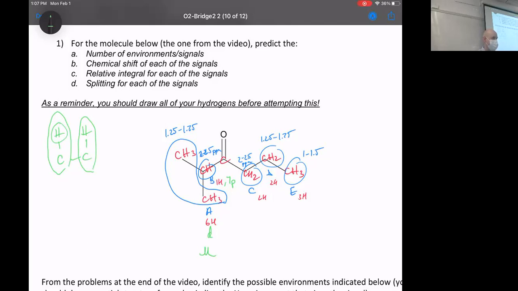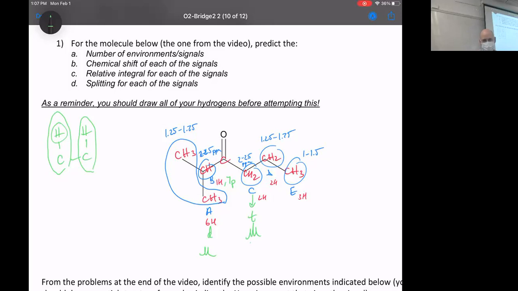So you got 2 hydrogens on neighboring carbons. What would your splitting be? Just add 1. 3, yeah, so 3 peaks or a triplet. So this environment C would be a triplet. I'm never going to ask you to draw the actual spectrum, but this is what it would look like. It would have 3 peaks, 1 to 2 to 1.